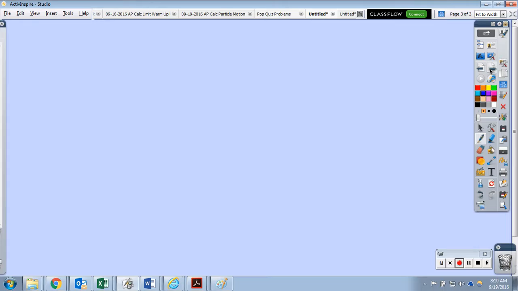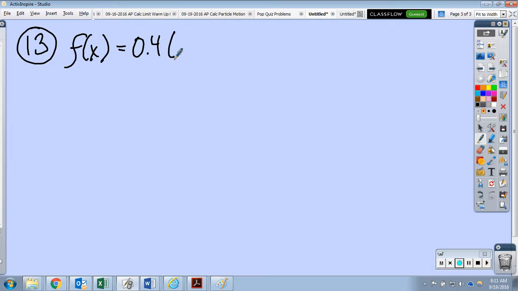So number 3, 13. I'm going to go ahead and go to 13 because 3 is very similar to this one. It would be graphed very similar. 13 looks slightly different. It says f of x is equal to 0.4 times (x minus 1) squared.